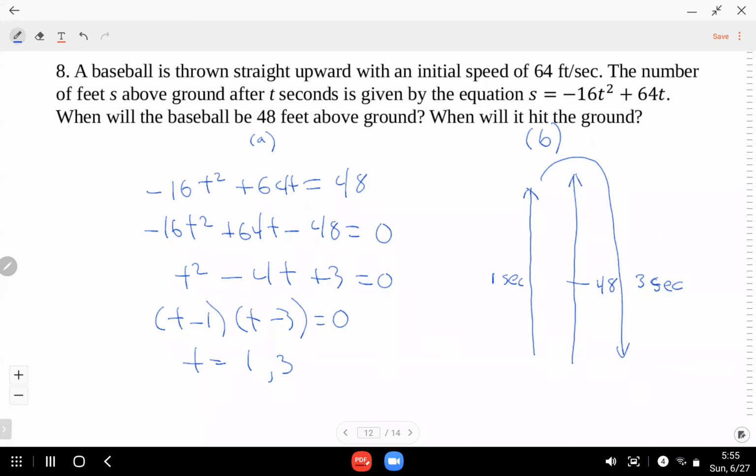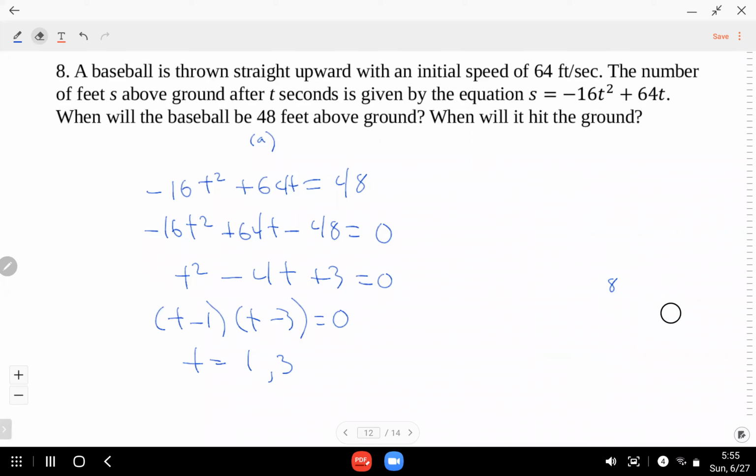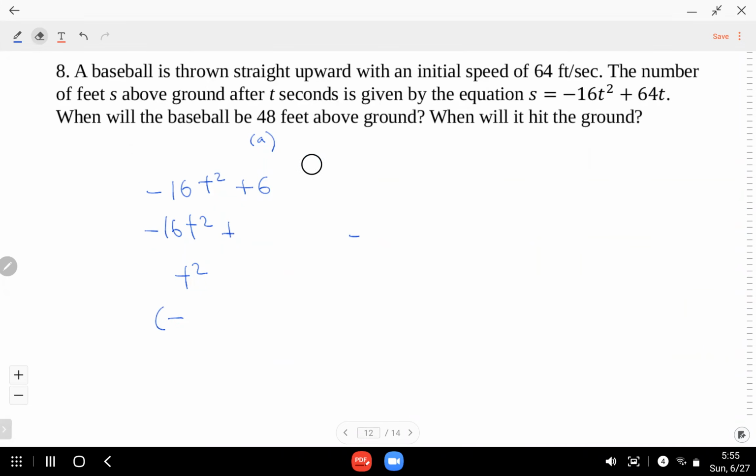Same thing when it will hit the ground. When it hits the ground, the number of feet is going to be 0. So let's do the same thing. All right. So when that equals 0, t squared plus 4t, minus 4t.